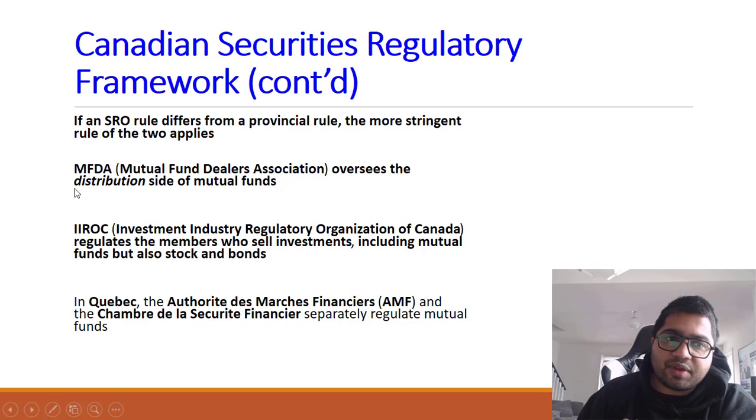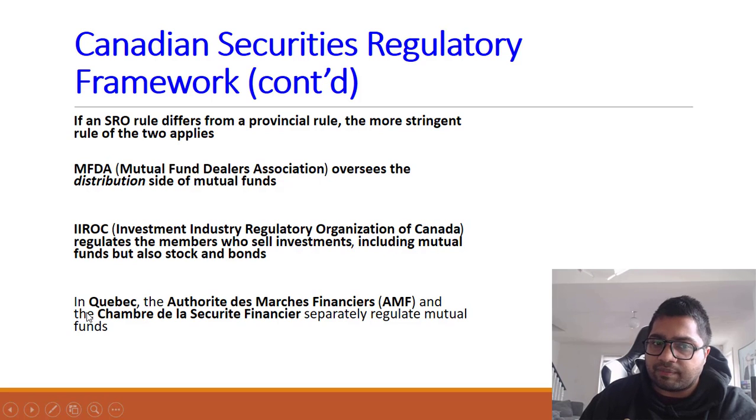MFDA, the Mutual Fund Dealers Association, oversees the distribution side of mutual funds. IIROC, the Investment Industry Regulatory Organization of Canada, regulates members who sell investments including mutual funds but also stocks and bonds. So if you are only dealing with mutual funds, generally you register with the MFDA, but if you also deal with stocks and bonds, then you have to register with IIROC.